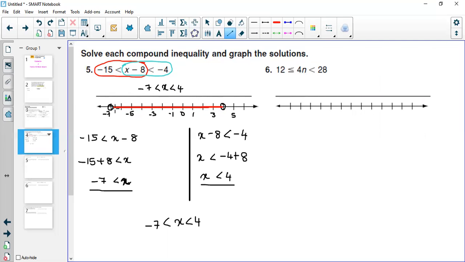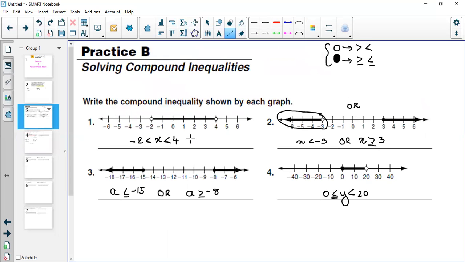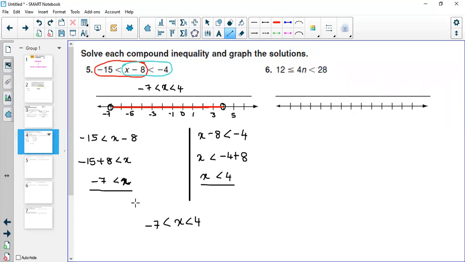That's it. Is this not how the compound inequality which we already graphed looks? It's the same. So if we could write an inequality in this form, then yes, our inequality graphed will look like this.